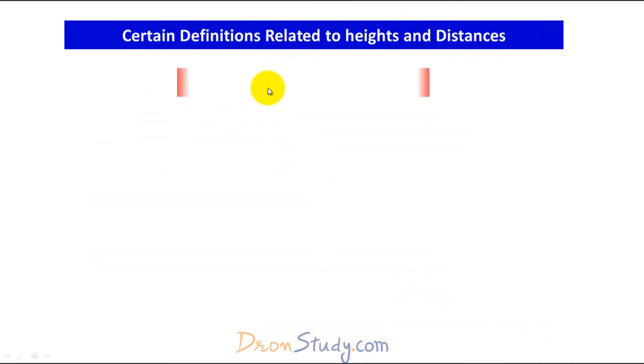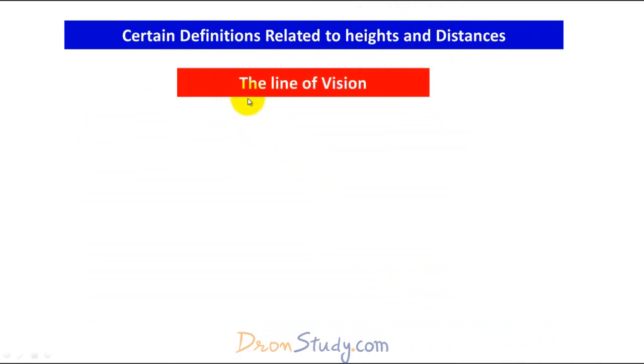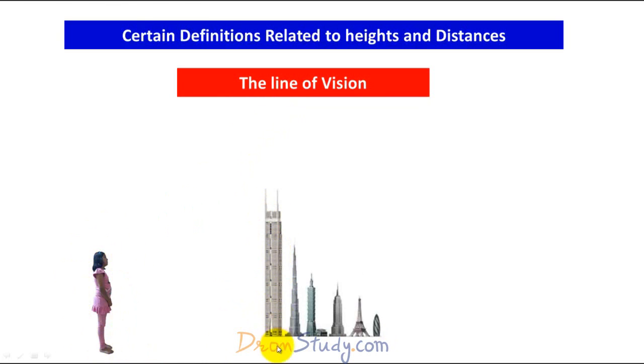Here is the first topic, the line of vision. A girl is standing on the ground and there is a tower, and the girl is looking at the top of the tower, and therefore the top of the tower will be an object.